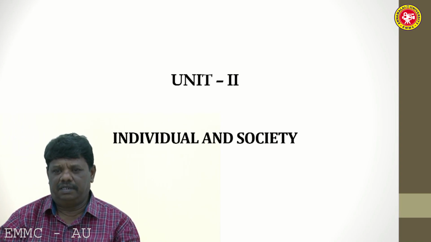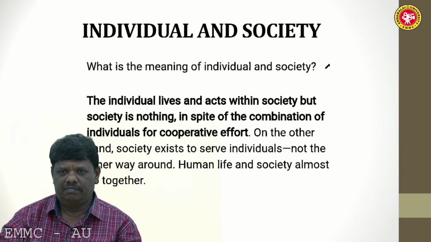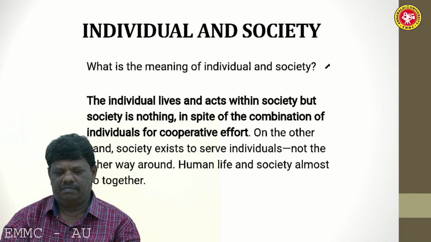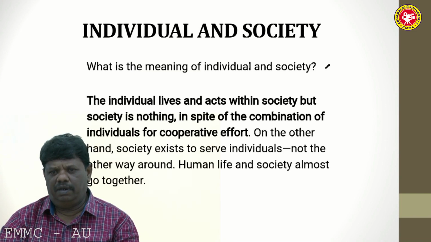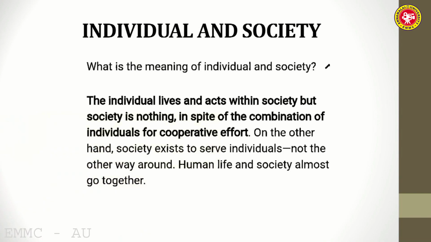Now we discussed the second unit. One is individual and society. What is the meaning of individual and society? The individual lives and acts within society, but society is nothing in spite of the combination of individuals for cooperative effort.